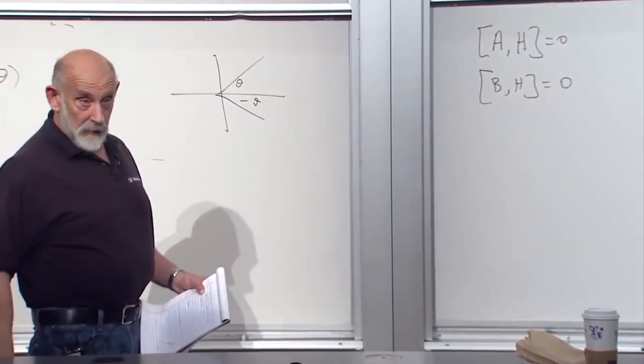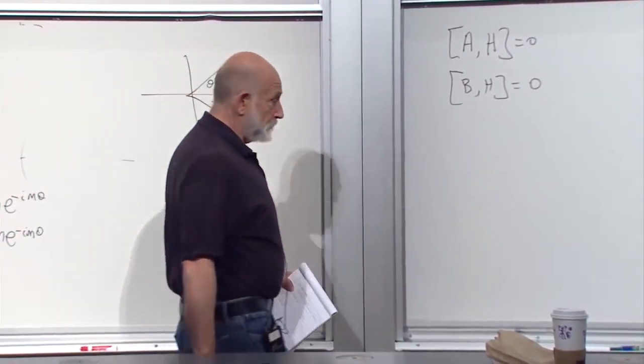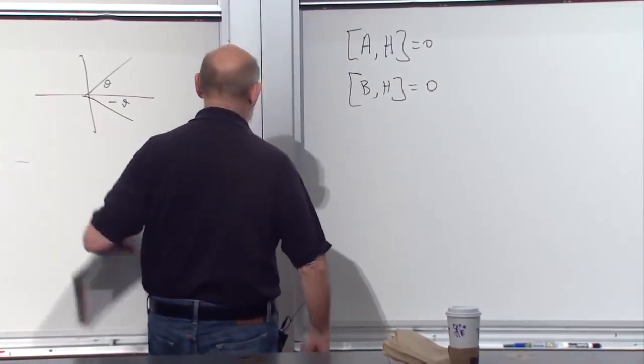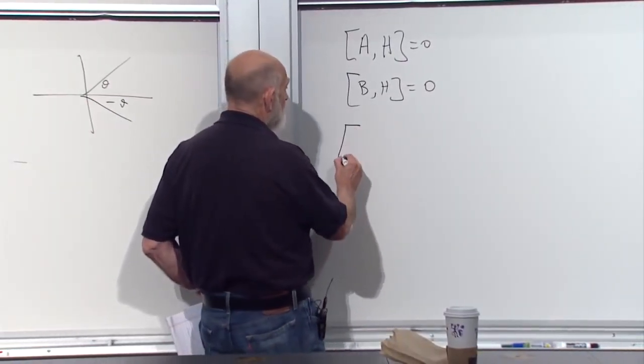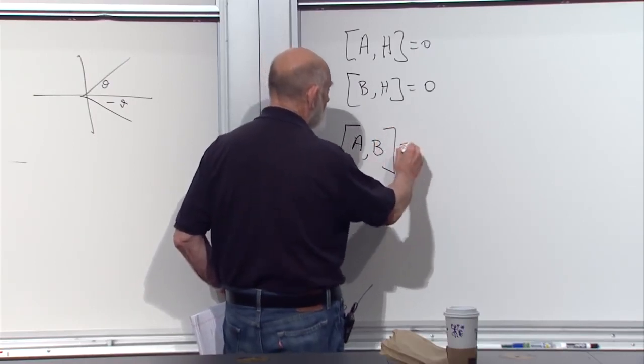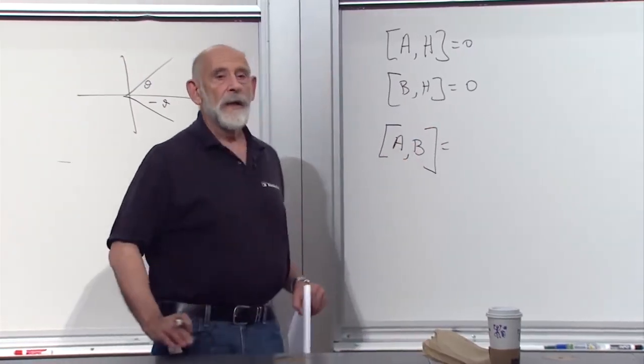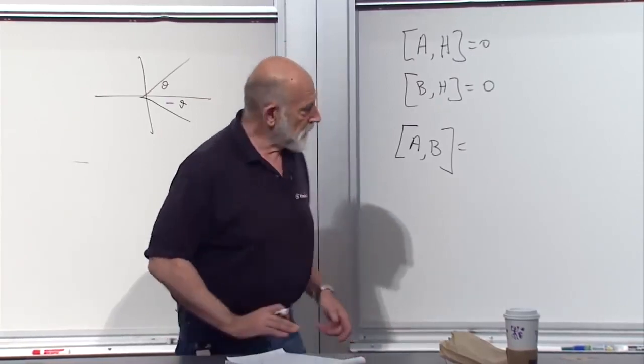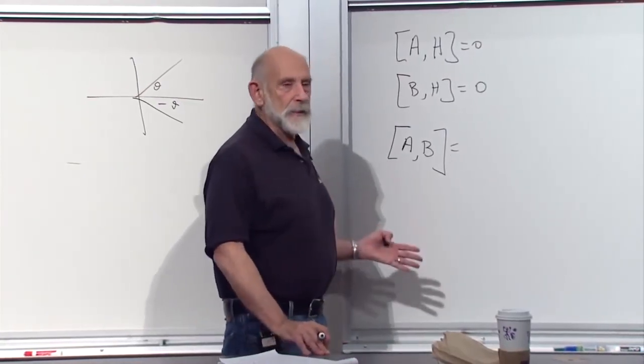It does not in itself say that A commutes with B. And in general, here's an example where they didn't. The commutator of A with B may be non-zero, and there are two possibilities. Both possibilities will lead to degeneracies.